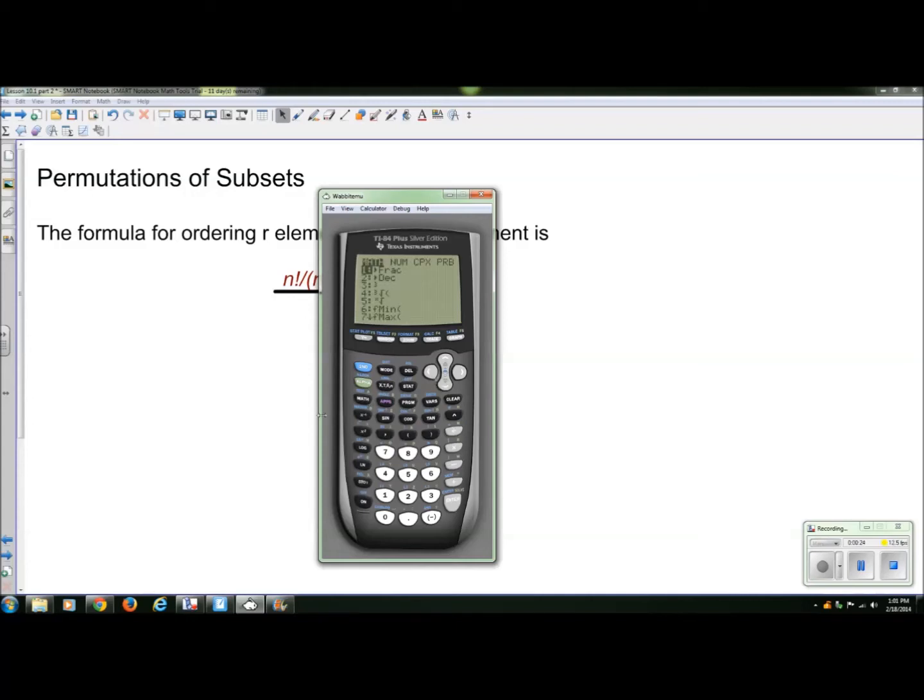And then I will go to Math, over to Probability again, and I'll take nPr. n is the number of items that comes before you enter this function. P stands for permutations, and r comes after you enter this, and that's the number of items that we're taking from the 10-item set. In this case, we have 3 numbers in our combination. So if I hit enter, I will get 720, which is exactly what we calculated before.